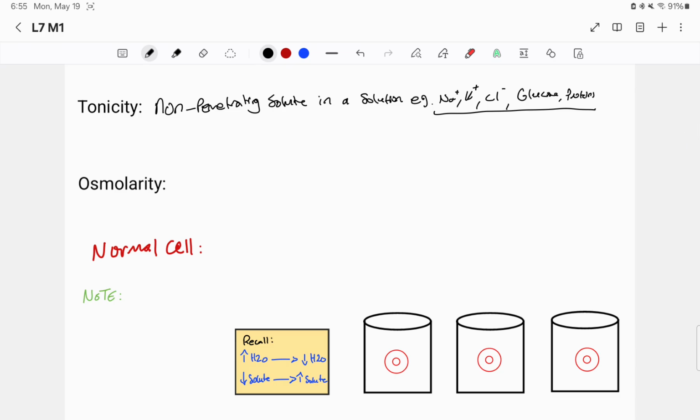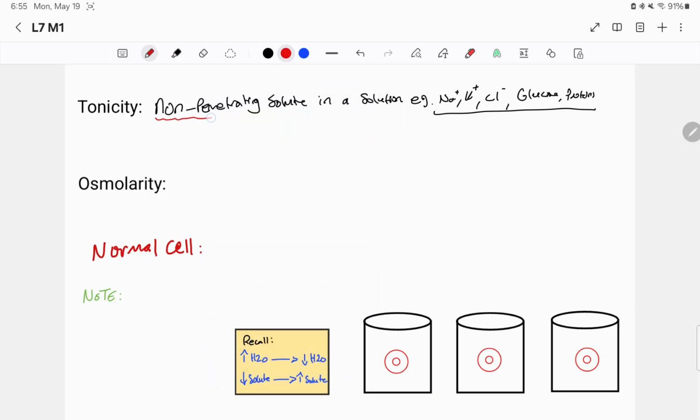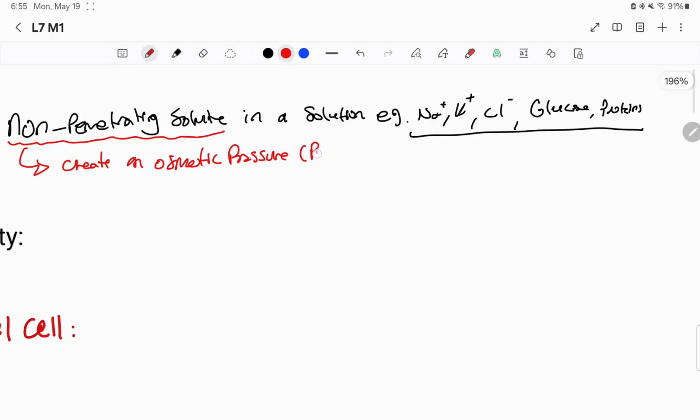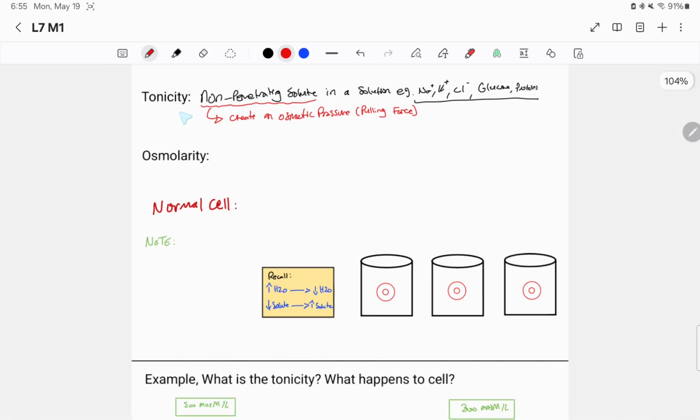Now, non-penetrating solutes, I told you, have a very cool special property where they can create an osmotic pressure, which, remember, is a pulling force. Awesome. Now, that's what tonicity is used to describe. Tonicity is used to describe our non-penetrating solutes in a solution.